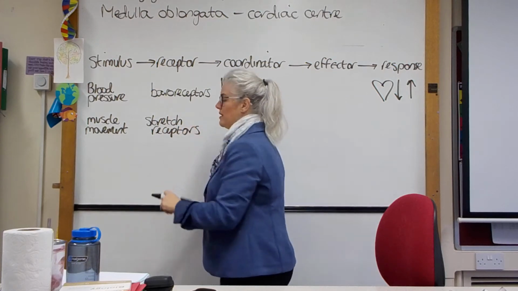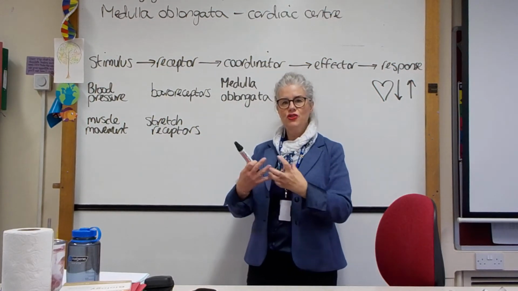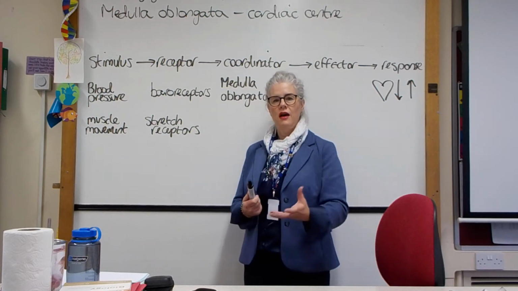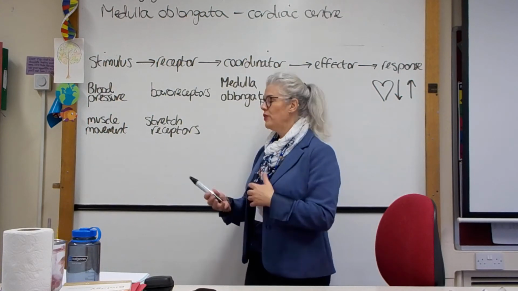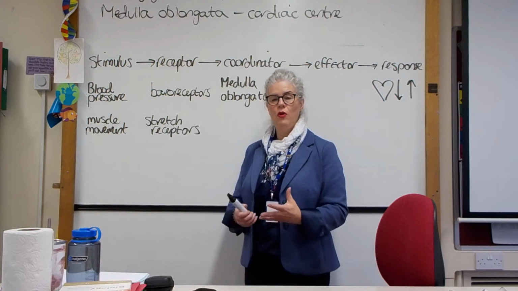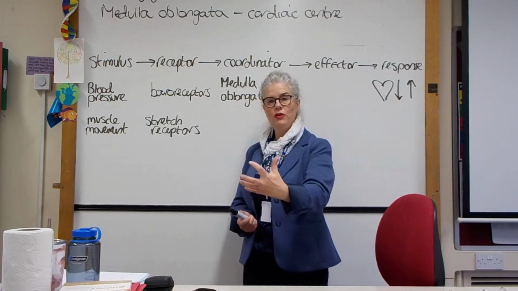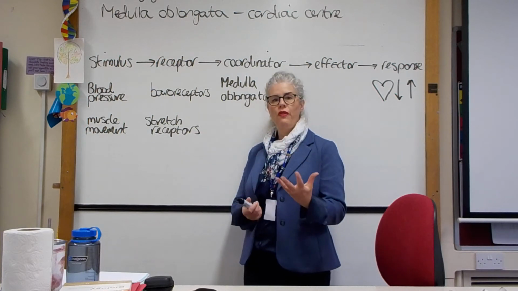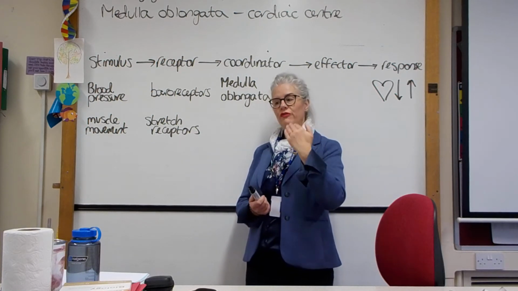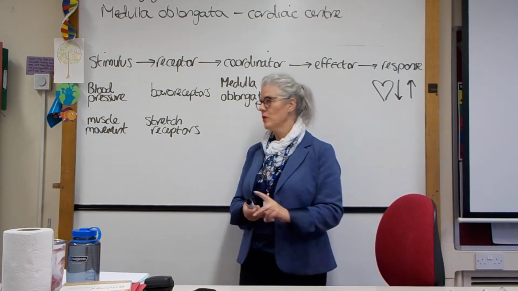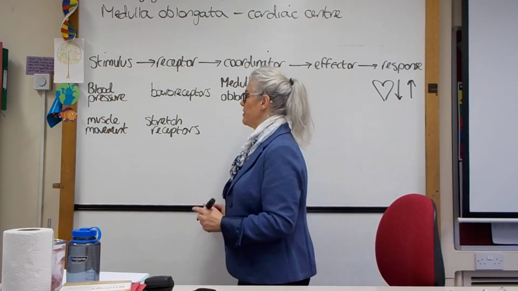Now if you think about it, if you're detecting stretch in your muscles, that means your muscles are probably working, they're contracting. And if you're going to start to move more, you're going to want to increase your heart rate to deliver that oxygen and that glucose for that movement. If you're moving less, then your heart rate can come back down to normal. Okay? So they're detected by stretch receptors.